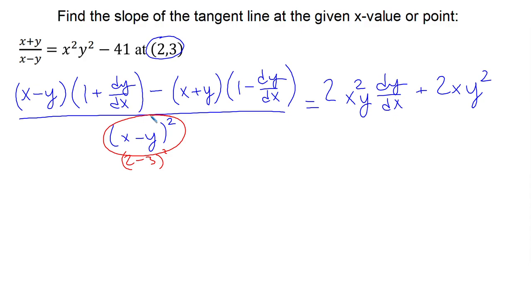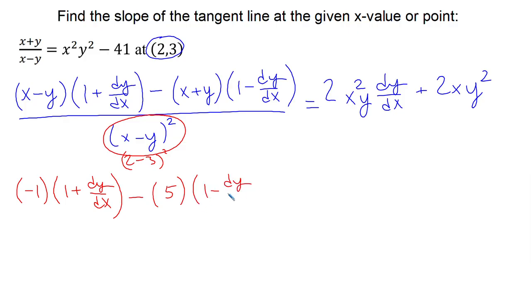And so if we go through and plug in our 2 for x and our 3 for y, we're going to end up with 2 minus 3, which is negative 1. And then we're going to have 1 plus dy/dx right there. And then we're going to have minus a 2 plus 3, which is just going to be 5, times a 1 minus dy/dx. And on the other side, when we plug in our 2x squared y here, we're going to have 2 times 2 squared.